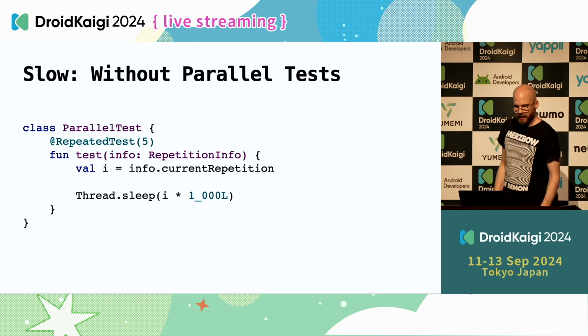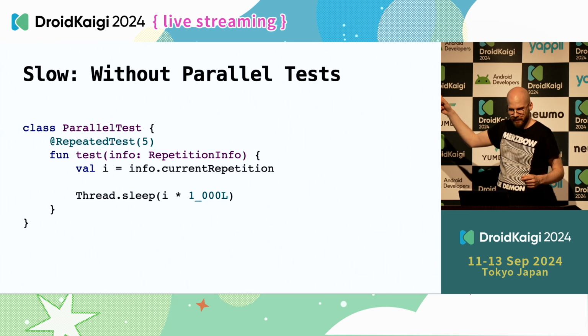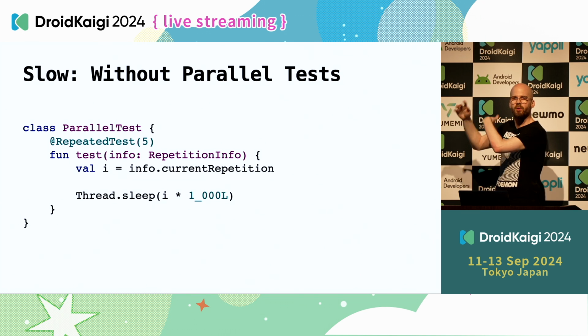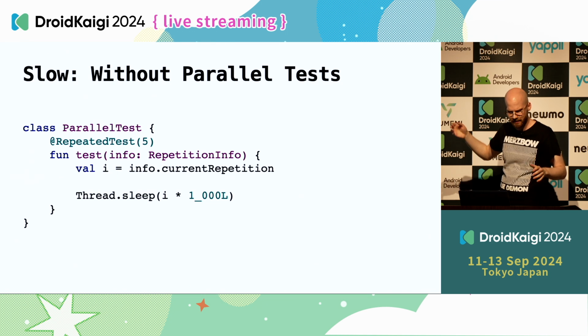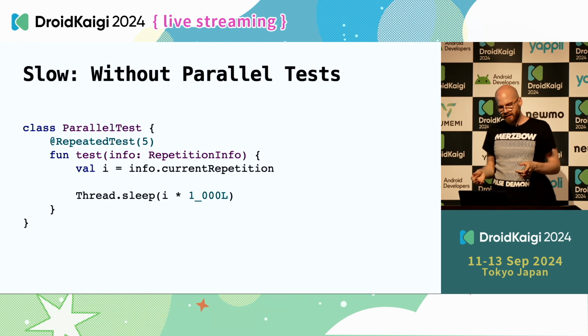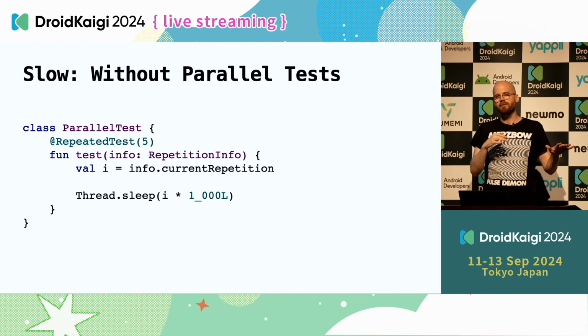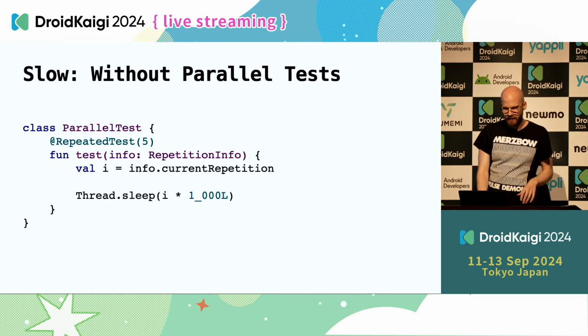Okay, here is a slow test class. And here is what I showed you in the beginning. This is a repeated test. This just means this example runs 5 times. It's great for stress testing, so just run the method 5 times, that's it. And this method just puts itself to sleep for an amount of seconds. 1 second, then 2 seconds, and so on. Let's not question the practicality of this, I just want to make a point here.